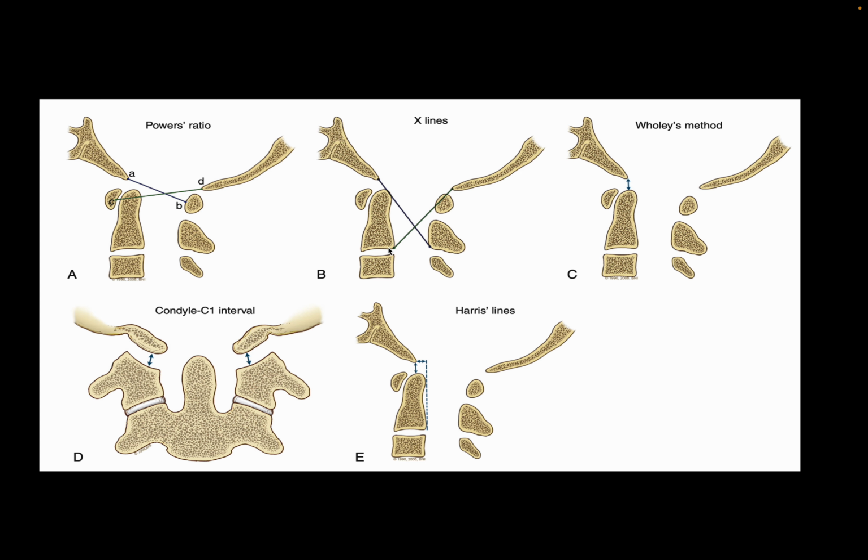Failure of that line to intersect C1, where here would be the anterior arch and the posterior arch, that imaginary line right there failing to go through C1, would be considered abnormal.